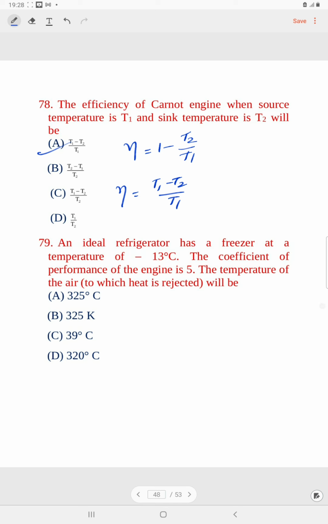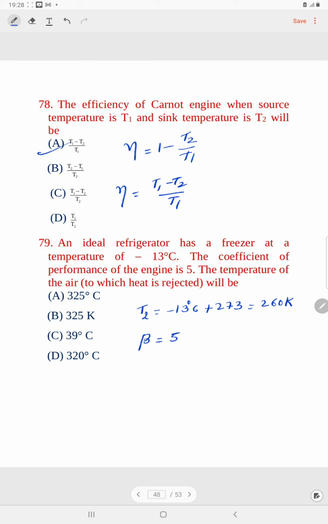79. An ideal refrigerator has a freezer at a temperature of minus 13 degrees Celsius. That means here T2 is the freezer, which is at minus 13 degrees Celsius. You add 273 to it, so that is going to be 260 Kelvin. The coefficient of performance, which is beta, is 5.